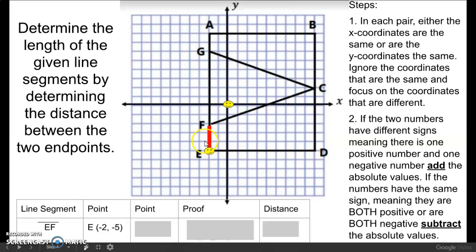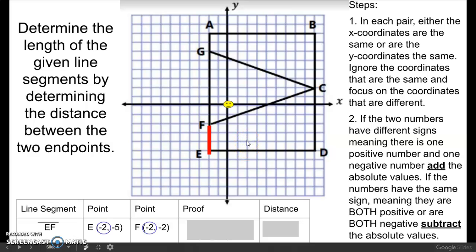That would give us the coordinate -2, -5. To get to point F, we would have to go 2 units to the left and 2 units down. That gives us the coordinate -2, -2.